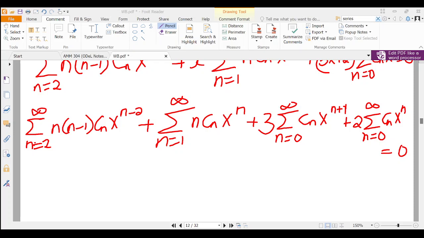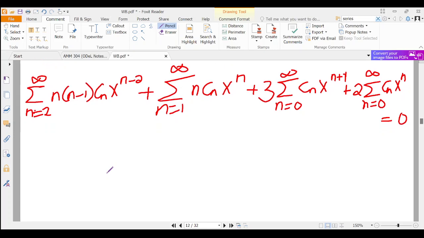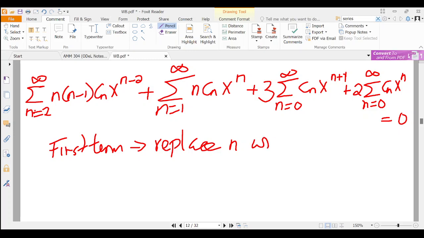To change these powers, we look at the first term and we can perform the following tasks. In the first term, here we replace n with n plus 2.